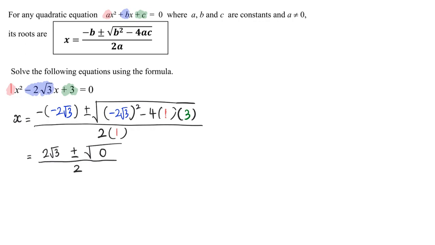over 2. And at this point, do take note that square root 0, this is a special case again.